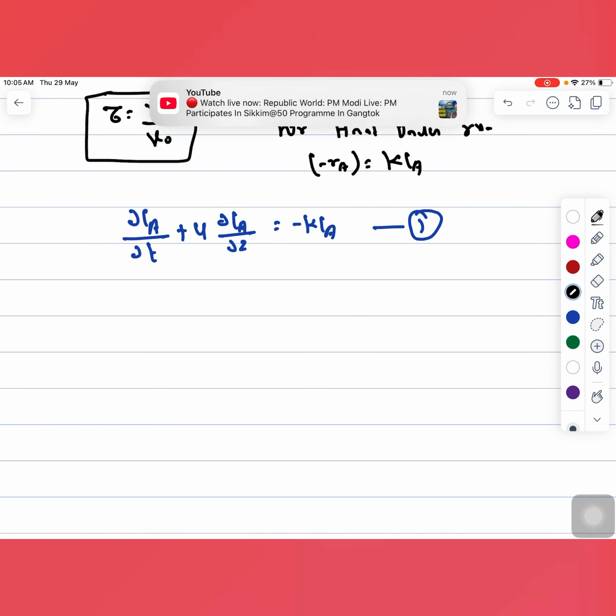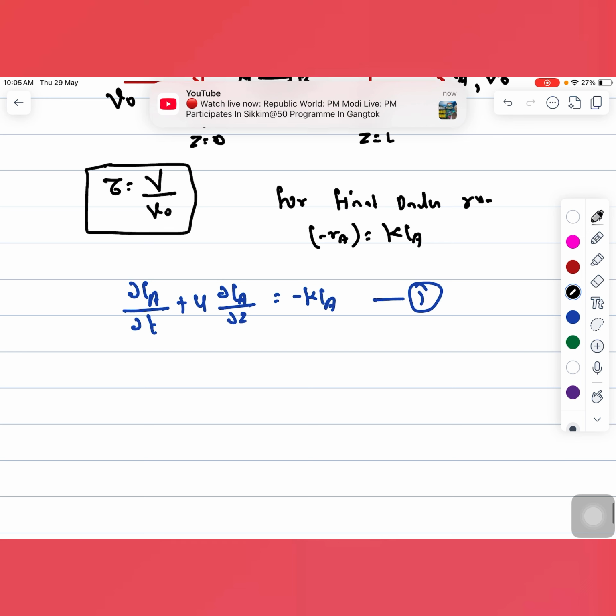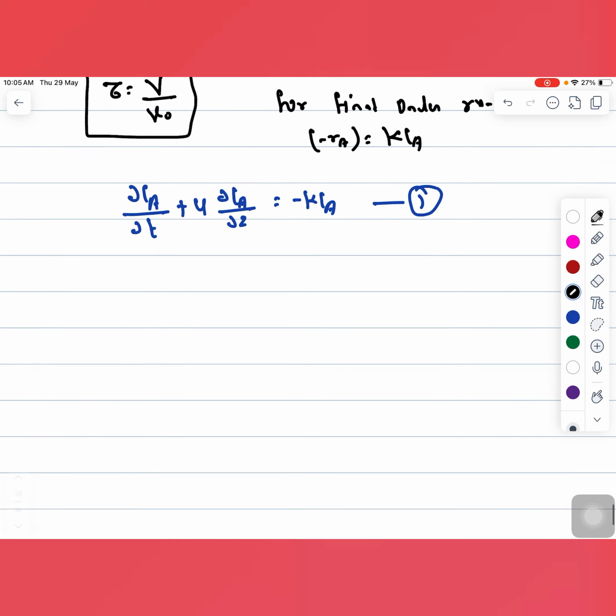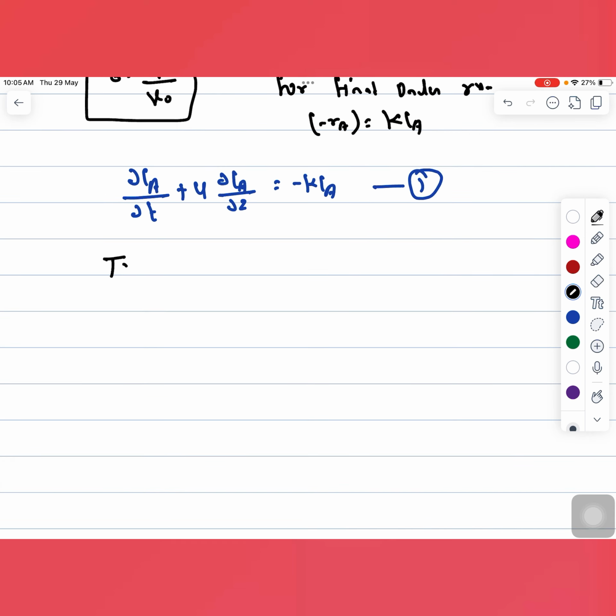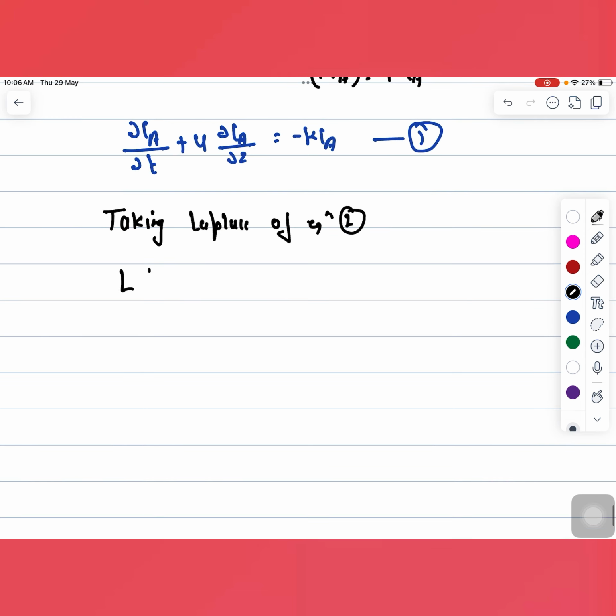Now if I take the Laplace of equation first, what can I write? Laplace of del CA by del T plus Laplace of U del CA by del Z equals minus K Laplace of CA.